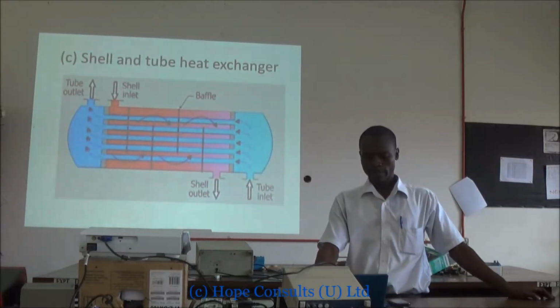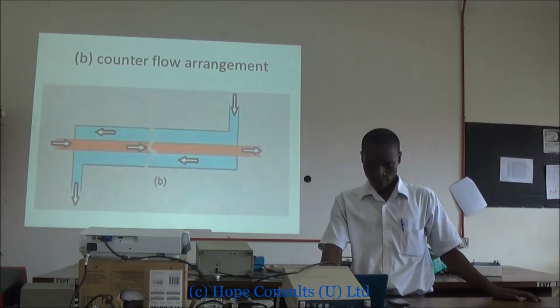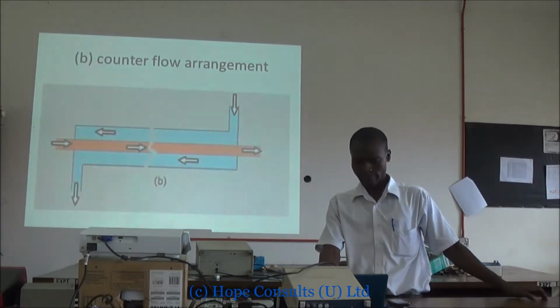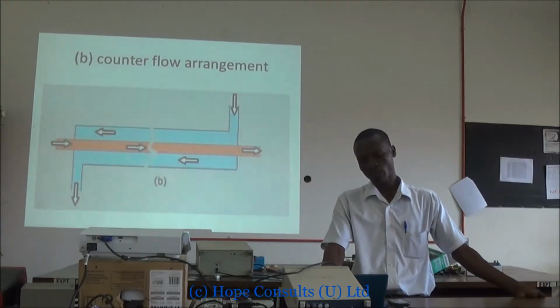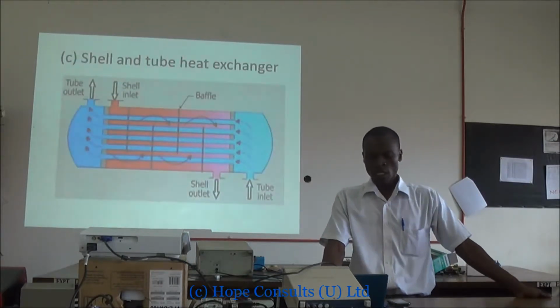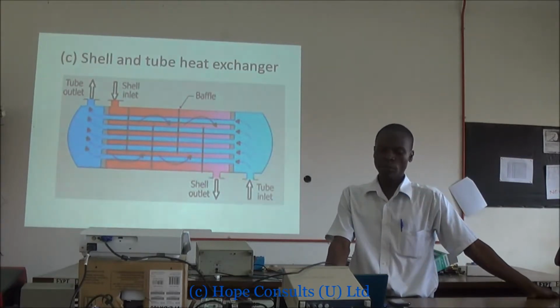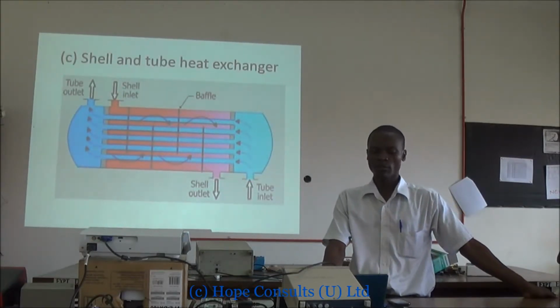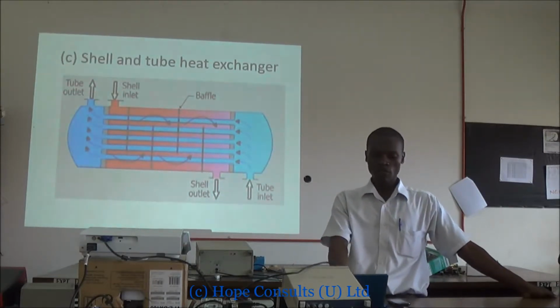We had the counterflow arrangement which we saw, where the fluids flow in opposite directions. When we came to the shell and tube heat exchanger, in my opinion it is the best of all the three, because the other part is embedded also in this.